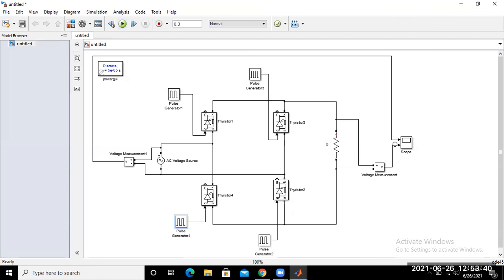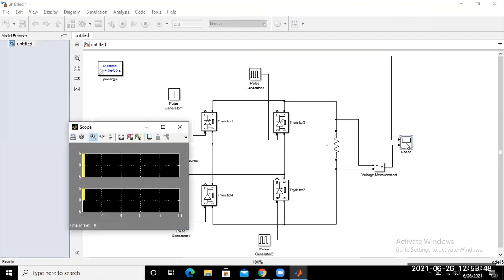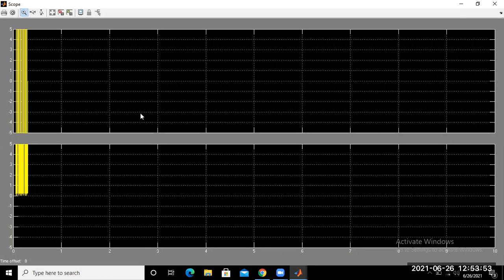So we can observe the waveform of the input and output through the scope. Just click on the scope, full screen this one, and go to auto scale.